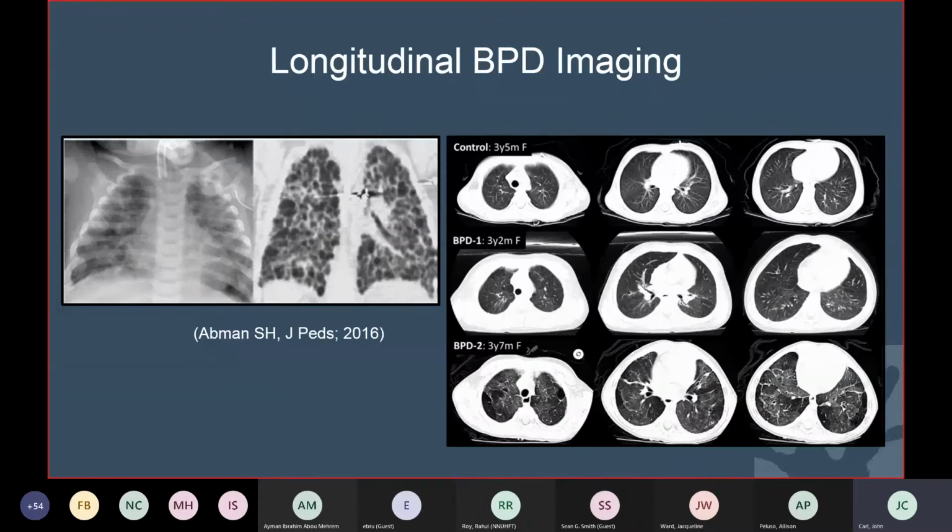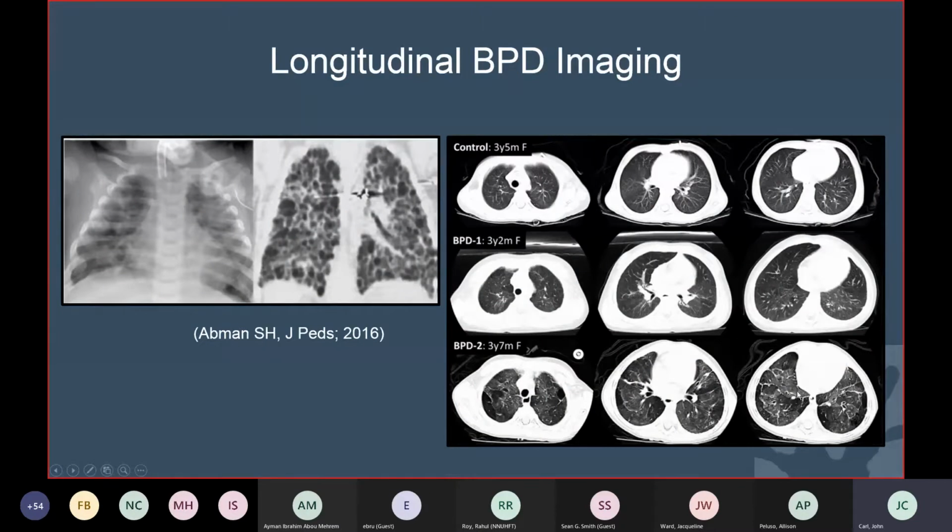So the longitudinal imaging to the left is an old slide from Steve Abman, where the initial film on the left ultimately resulted in the severe cystic changes noted on the right. The right panel shows a control, then a mild, and then a more significant BPD patient, but all of these are at about 3.5 years.